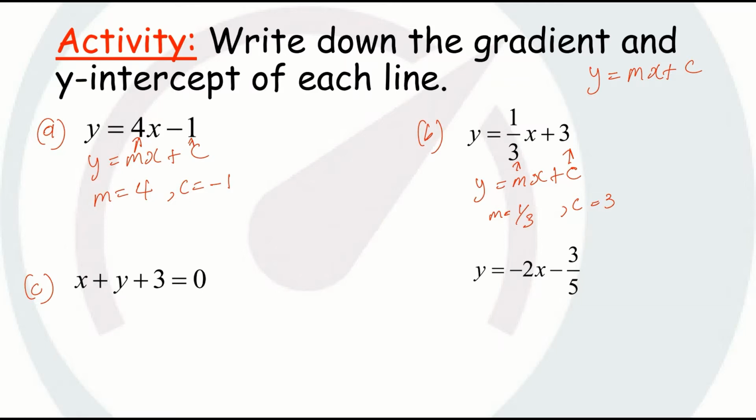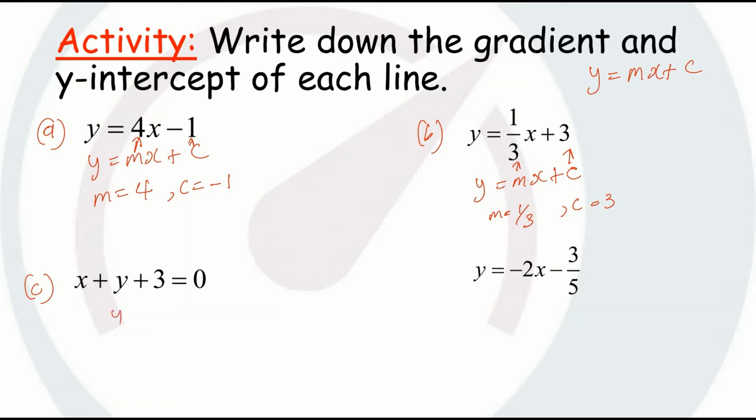Now we're going to write this equation in the form y equal mx plus c. So we have x plus y plus 3 is equal to 0. The first step you can work in multiple ways. Nobody's going to stop you from doing what you want to do. I'm just going to do this quick and fast.